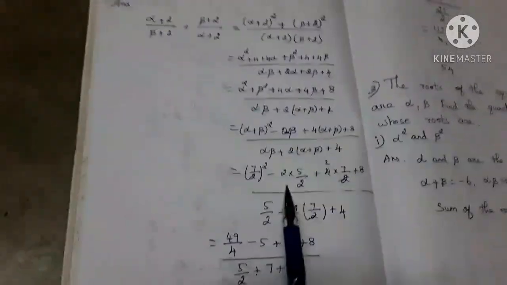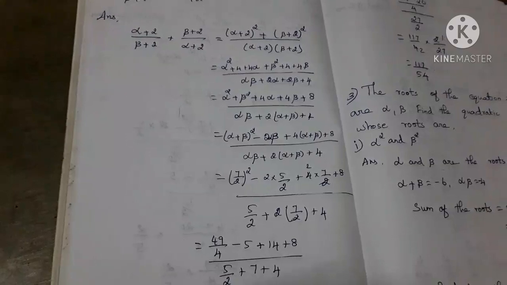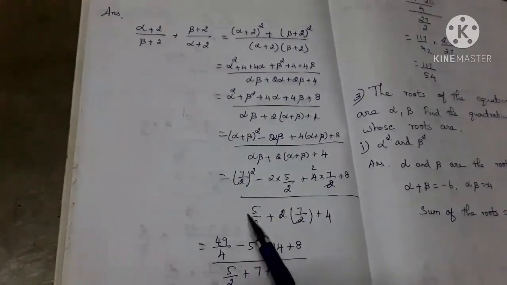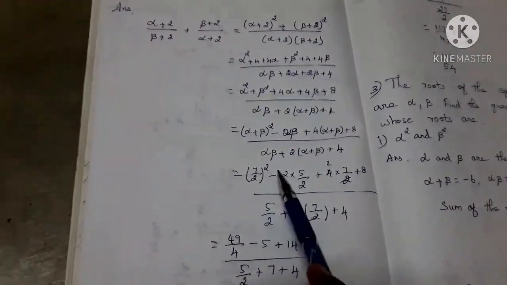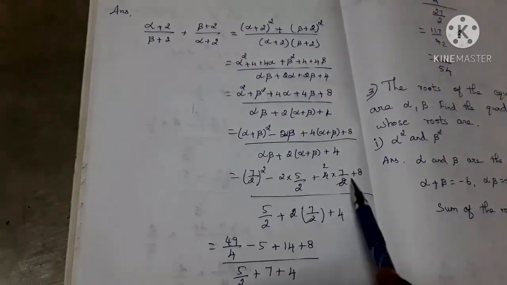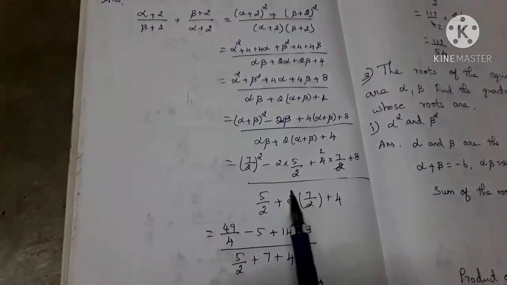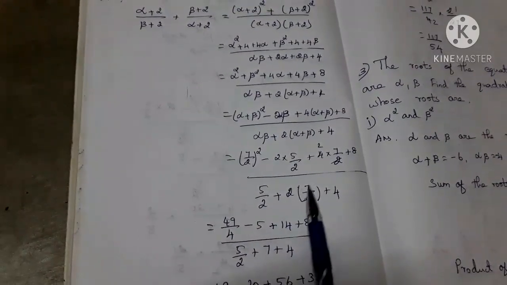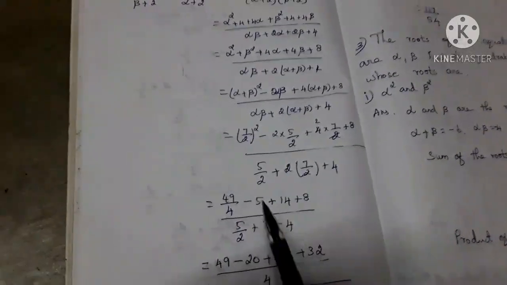Now we apply the values of alpha plus beta and alpha beta. Alpha plus beta is 7 by 2, so 7 by 2 the whole square minus 2 into 5 by 2 plus 4 into 7 by 2 plus 8, divided by 5 by 2 plus 2 into 7 by 2 plus 4.